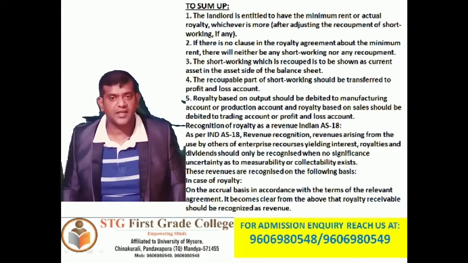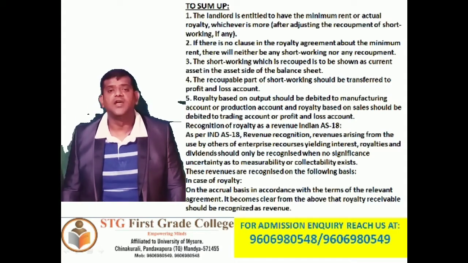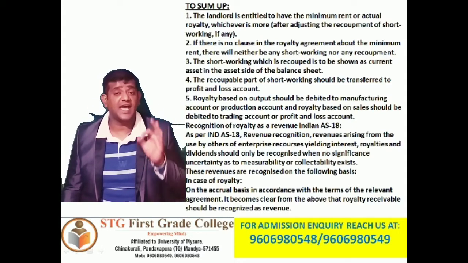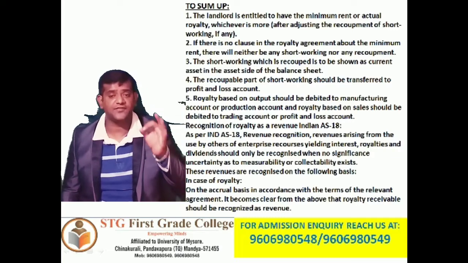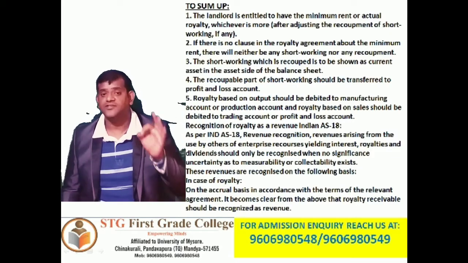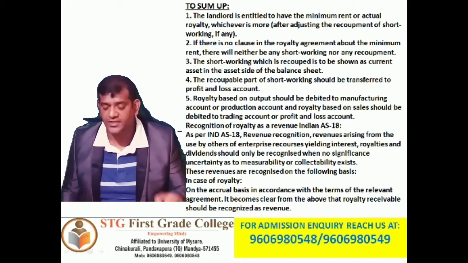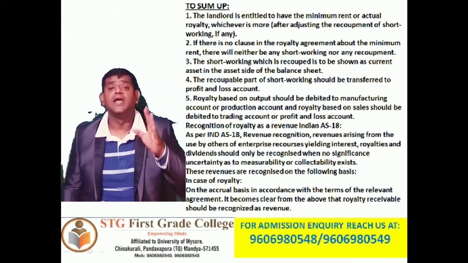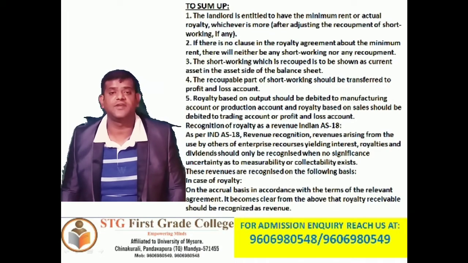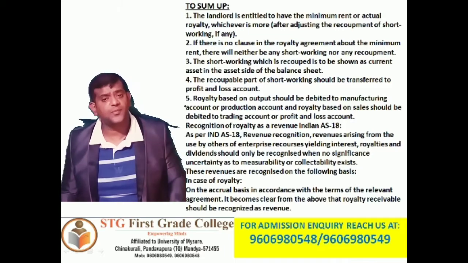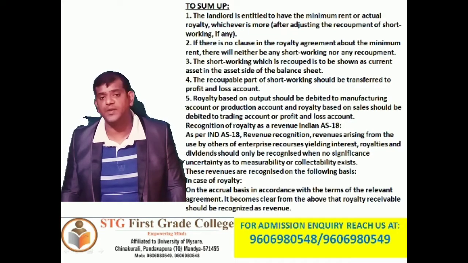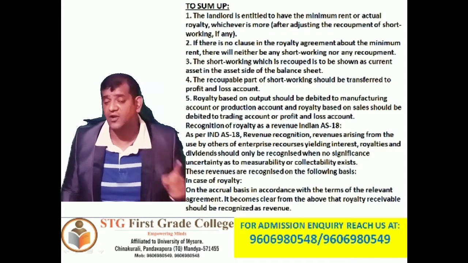So the short working which is recouped is to be shown as a current asset on the asset side of the balance sheet. Clear? So whatever we have recouped will ultimately be shown on the asset side of the balance sheet. The unrecoupable part of short working should be transferred to profit and loss account.